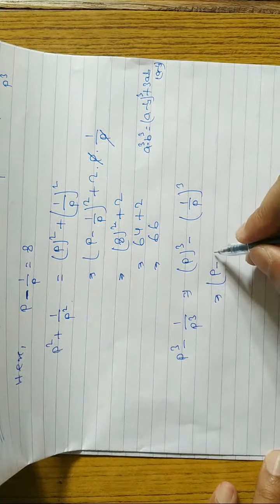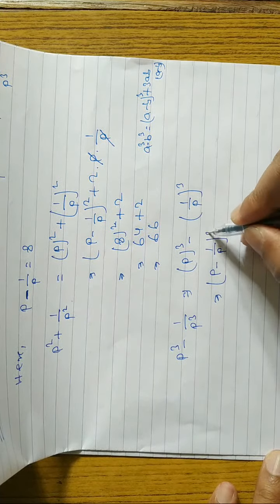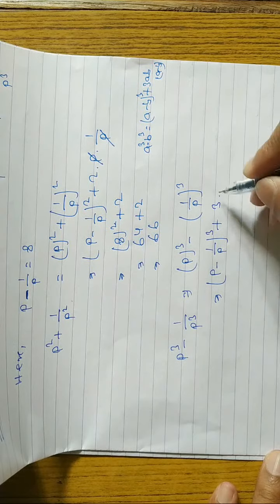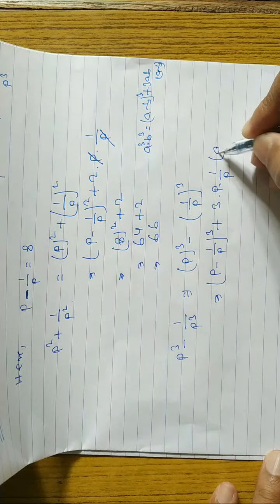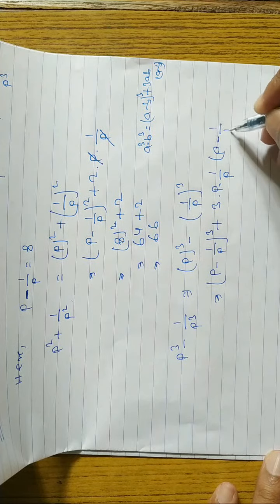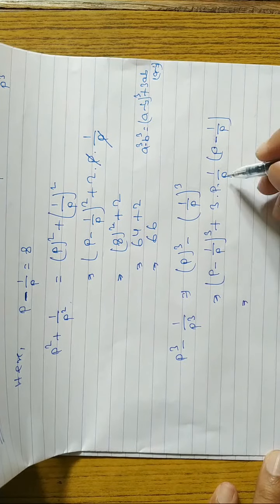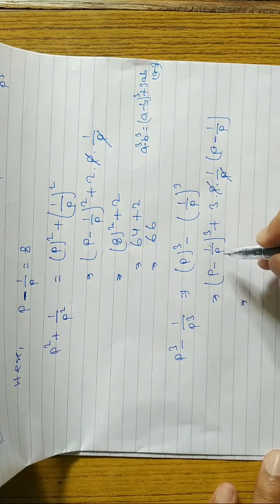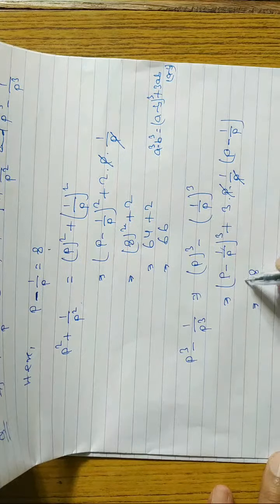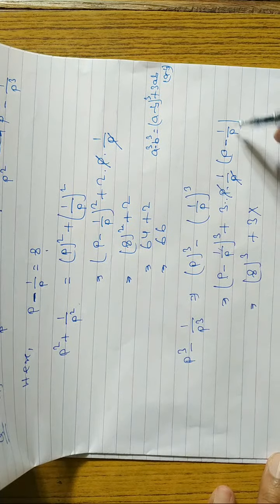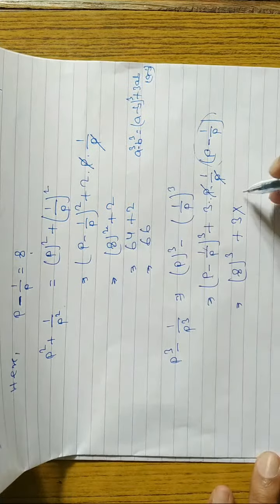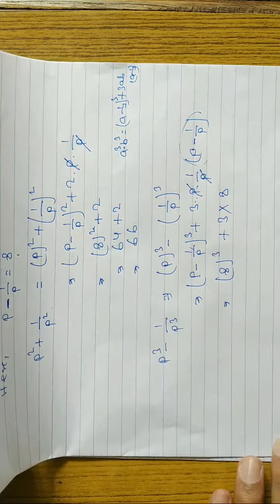So the same we have to use here, p minus 1 by p whole cube plus 3a, which is p, b, which is 1 by p, and a minus b, a meaning p minus b meaning 1 by p. After this you can see p and 1 by p cancel, leaving 3. P minus 1 by p, what is the value here? 8. So we can write 8 cube plus 3 into 1, 3 only, times the value of p minus 1 by p, 8. So we have to write down 8.